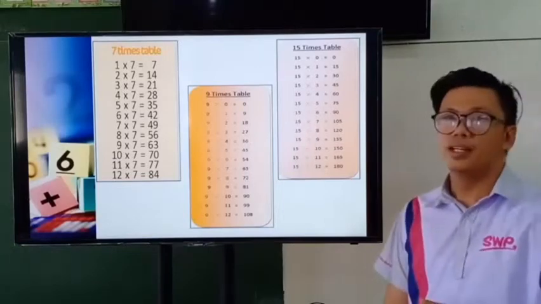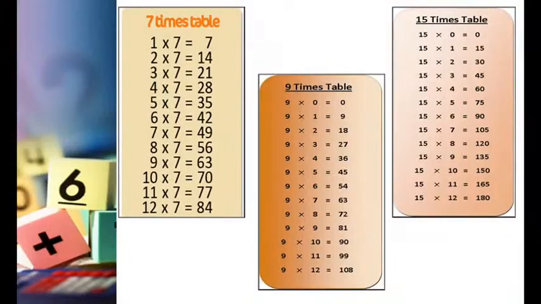So this is the example of a times table. We have 9 times 0 going to 9 times 12. We have the 15 times table. This is very important, class, that you memorize our times table. We will start with 1 going to 15.